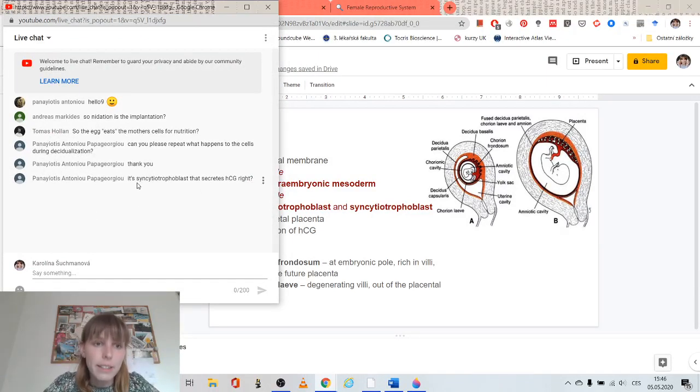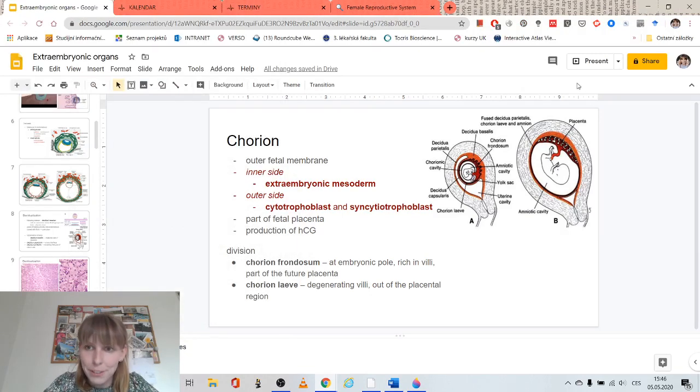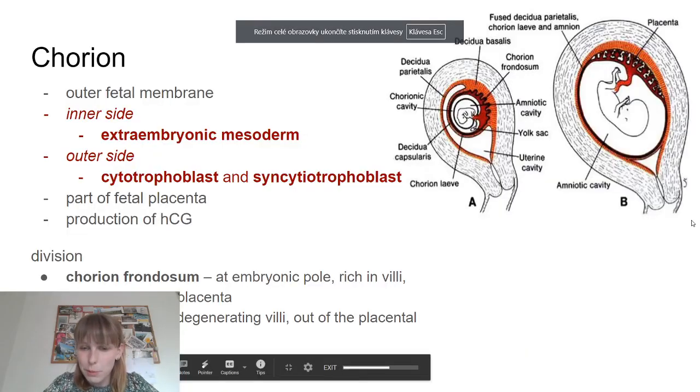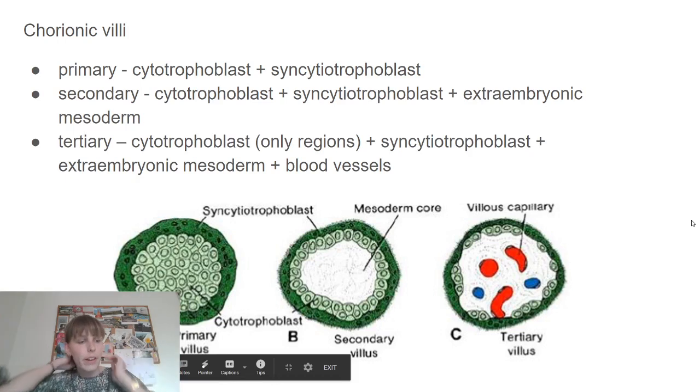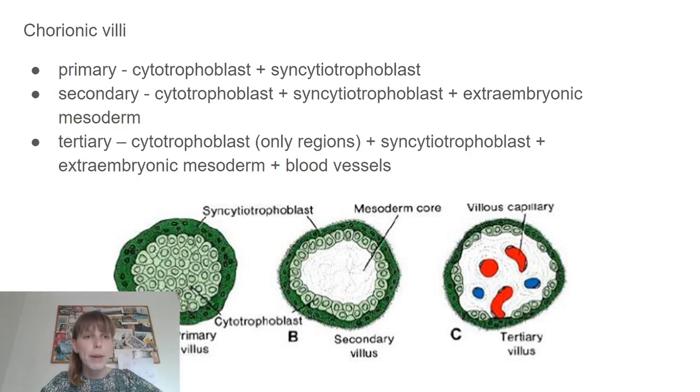Yes, it's specifically the syncytiotrophoblast part of the chorion that will secrete the human chorionic gonadotropin hormone. Perfect. So this was chorion, and I told you that there are some villi that the chorion is making in the area where it will become the fetal part of the placenta.